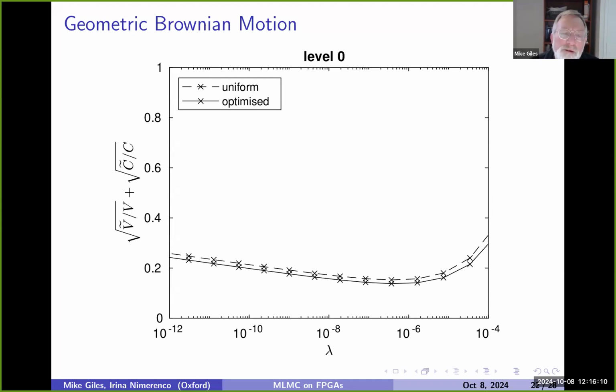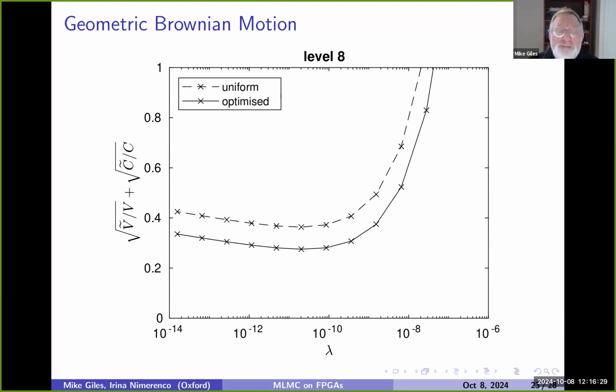I must say, I'm a bit disappointed that it's not greater savings on level 0, but it is what it is. I mean, that's the point of doing research, is to find out how much benefit you get from the optimization. On level 8, we see a more significant benefit from the optimization. So there, again, we've got the uniform and we've got the optimized, and then the optimization will find the optimal value of lambda. So it'll find the minimum on these curves.